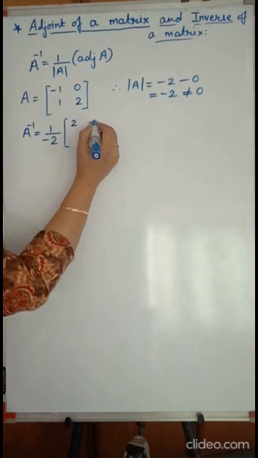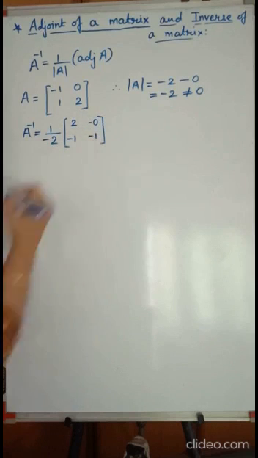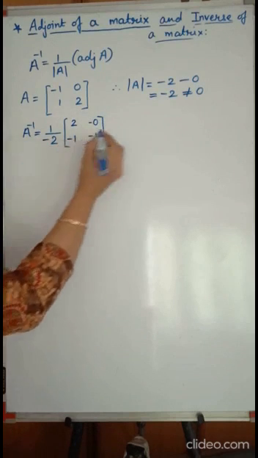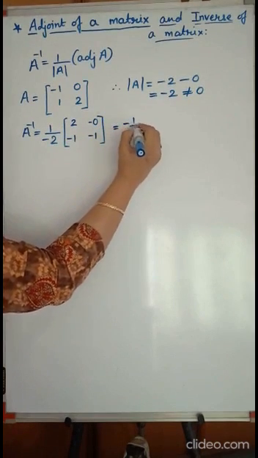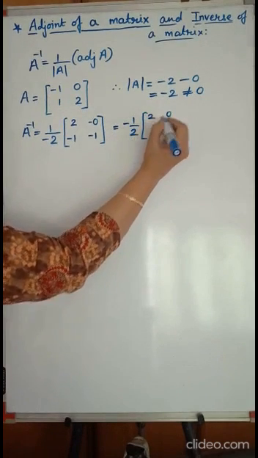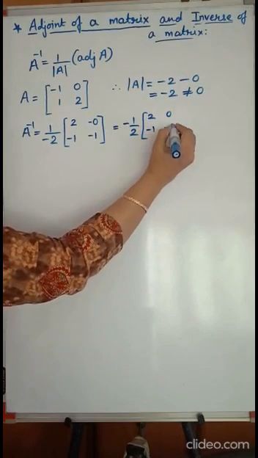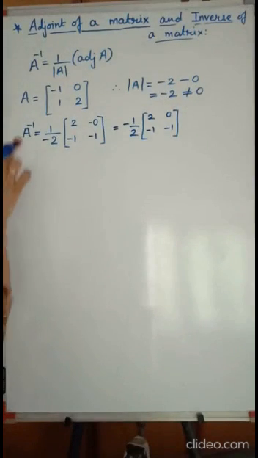So minus 0 is 0 only. So when you find it out, the direct inverse of this is minus 1 by 2 into 2, 0, minus 1, minus 1. This is the inverse.